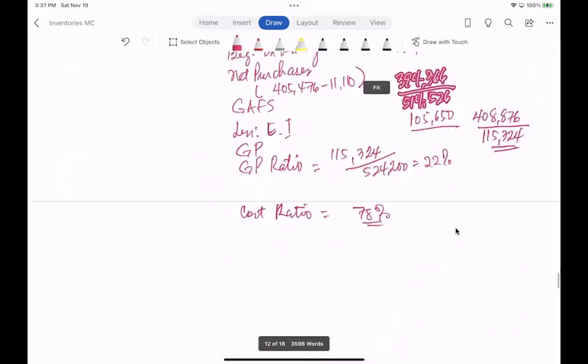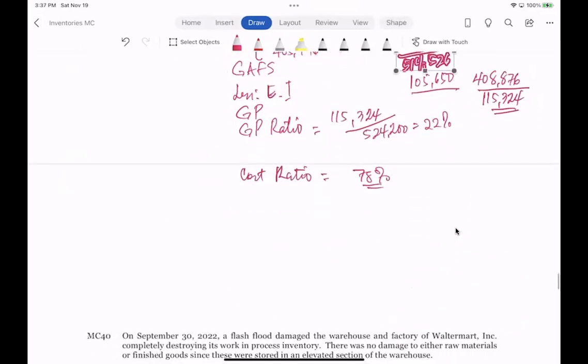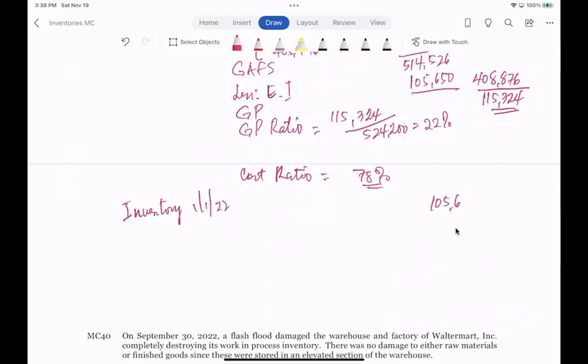Okay, so we now have inventory January 1, 2022, which is 105,650. Add net purchases.